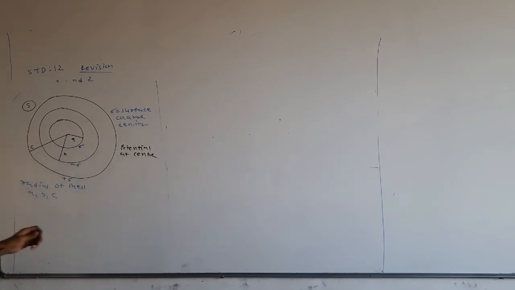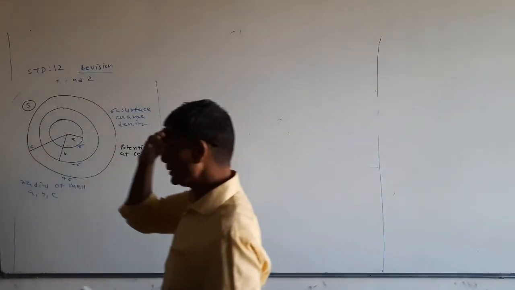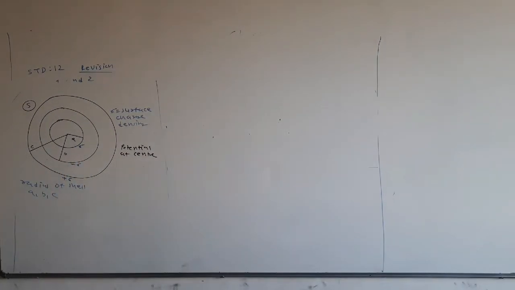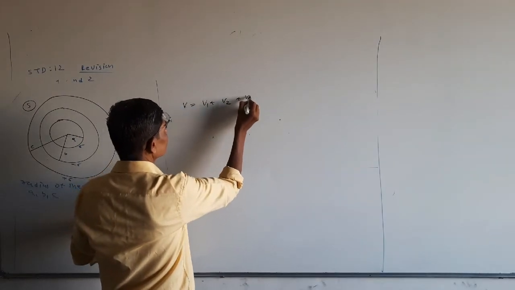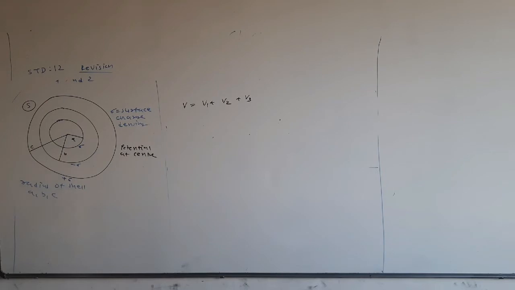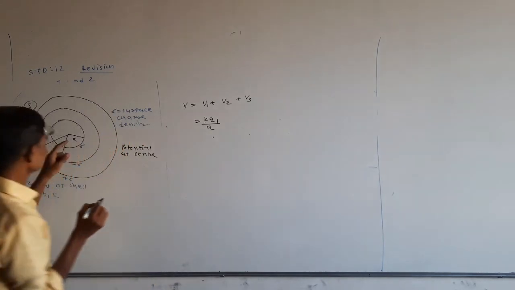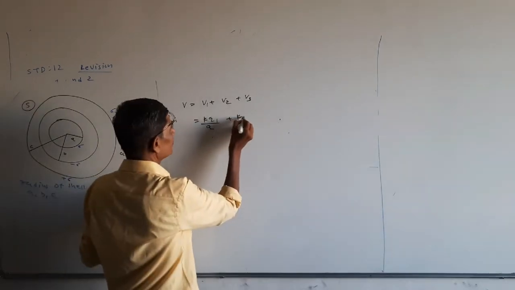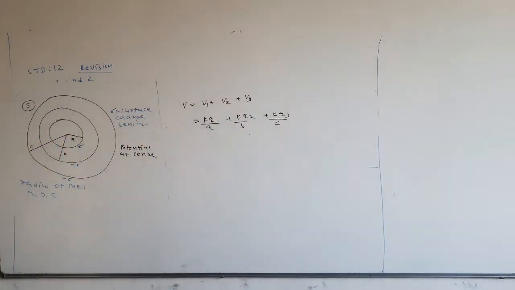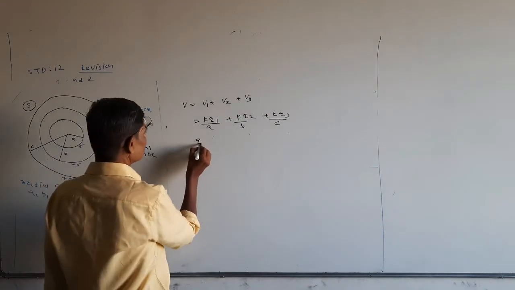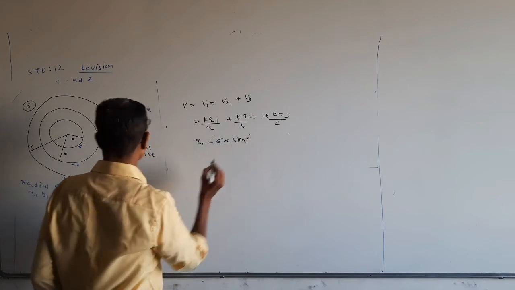Now for a hollow sphere, all points at the center and just inside the shell are at the same potential. So here the total potential will be V1 plus V2 plus V3. Here sigma is the surface charge density. So V1 will be KQ1 upon the radius A. Similarly, K into Q2 upon B. Now Q1 is the surface charge on the first shell.